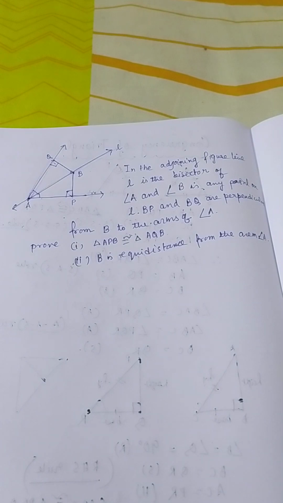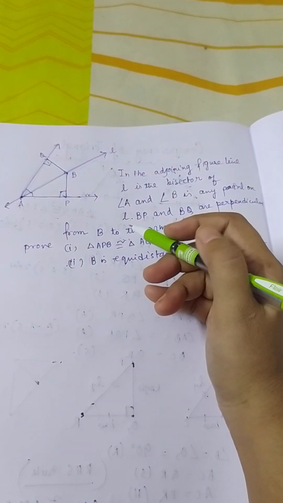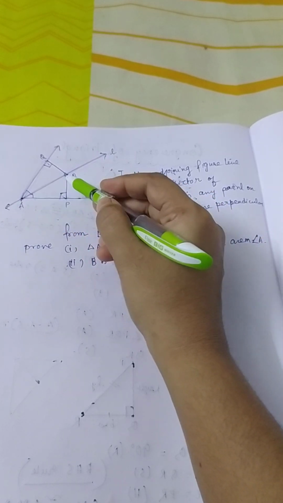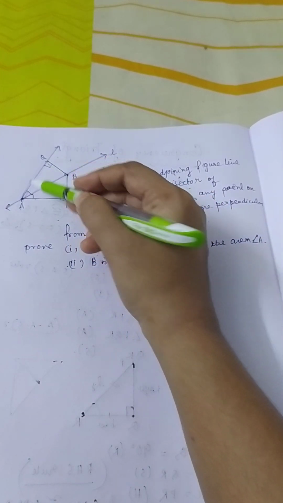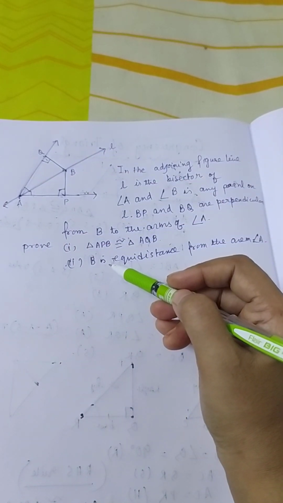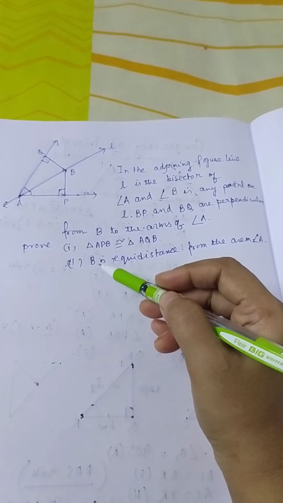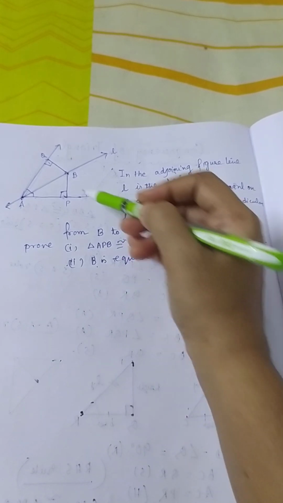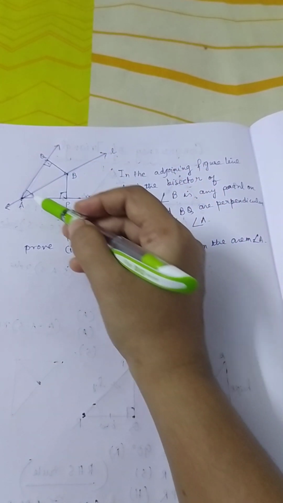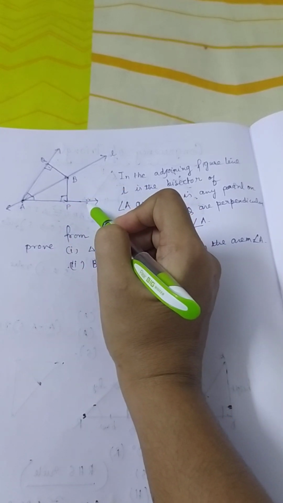We have to find the congruency between triangles ABP and ABQ, and also find out whether B is equidistant from the arms of angle A.